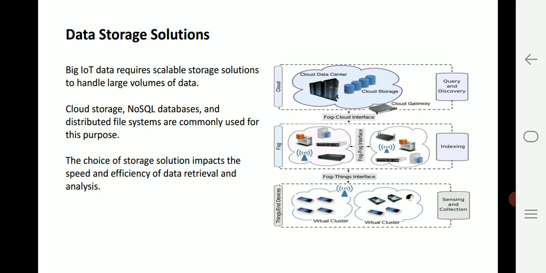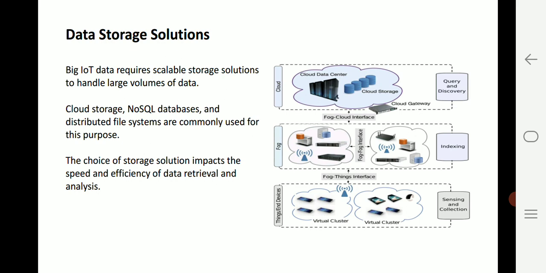How will the data be stored and what are the solutions in IoT architecture? Big IoT data requires scalable storage solutions to handle large volumes of data. It means it is already decided how much storage will be required, and that much is enough to store a large volume of data.